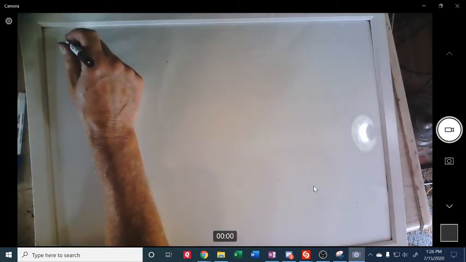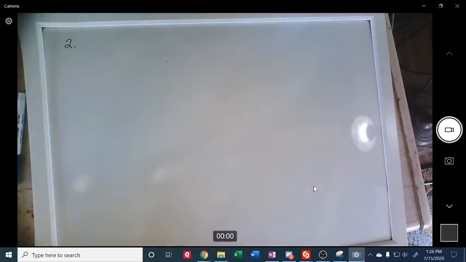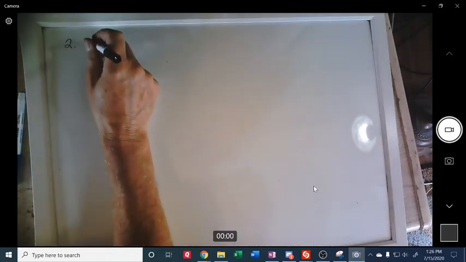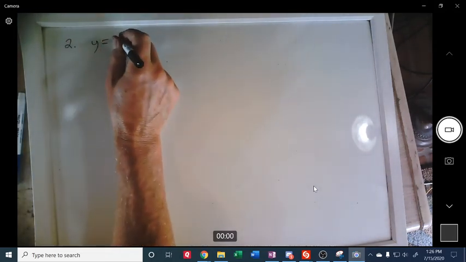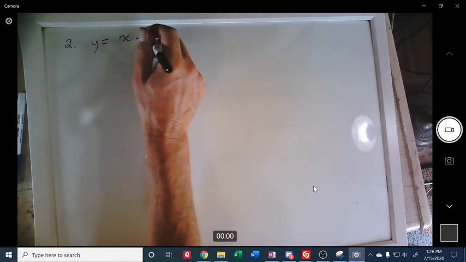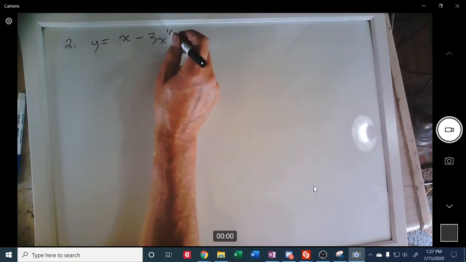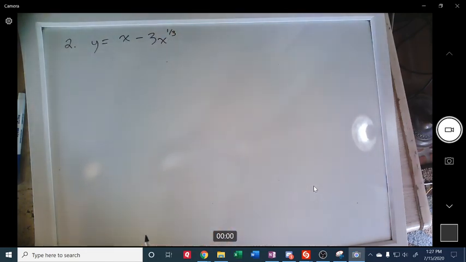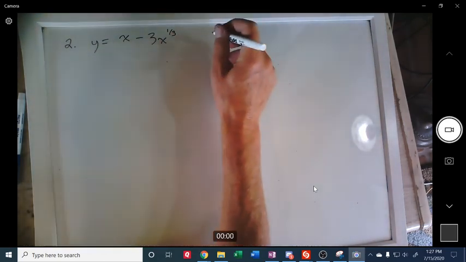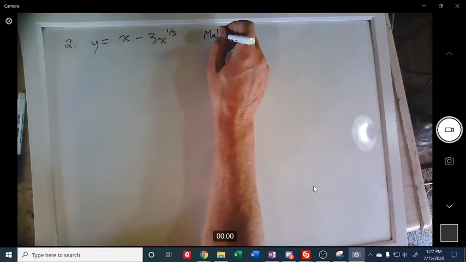All right, so number 2. y equals x minus 3x to the 1/3. The instructions are going to be make a complete graph.